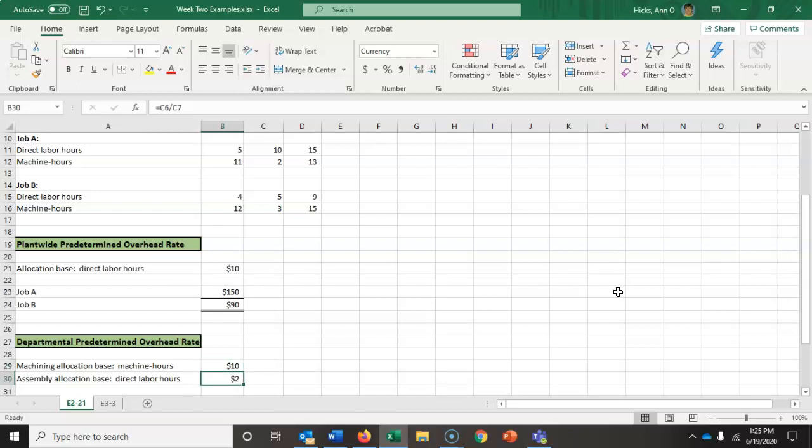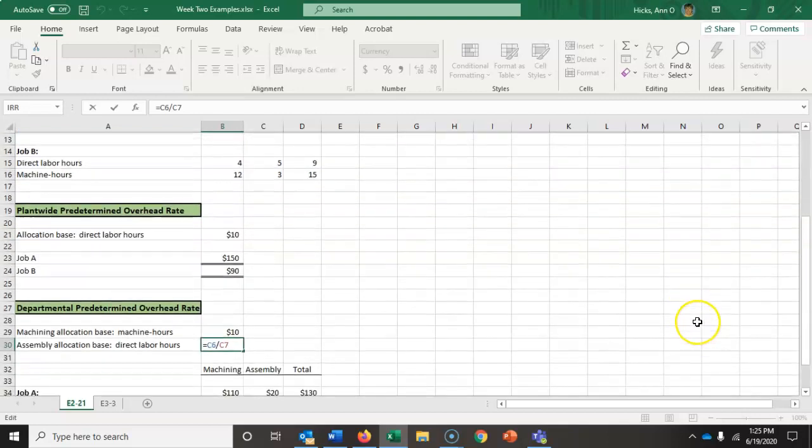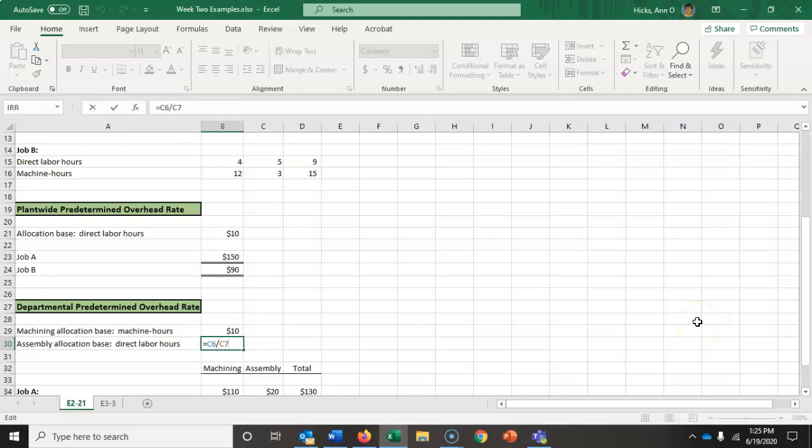Then for the assembly department, we're going to take the $100,000 in manufacturing overhead incurred by the assembly department, divide it by the 50,000 direct labor hours that were incurred in the assembly department, and we come up with a predetermined overhead rate of $2.